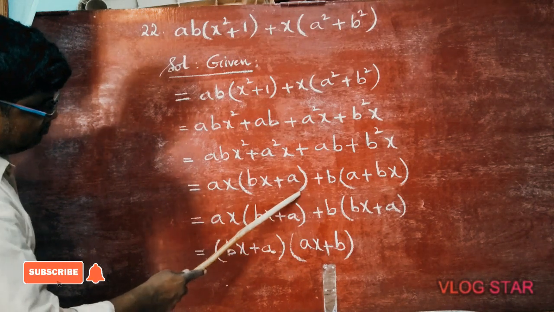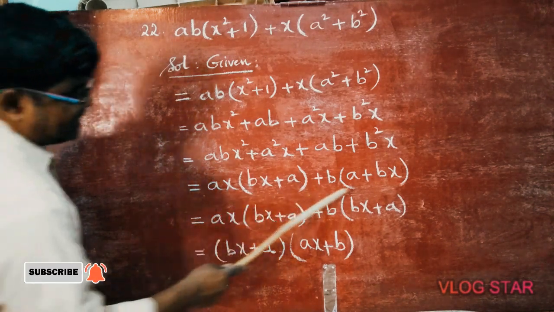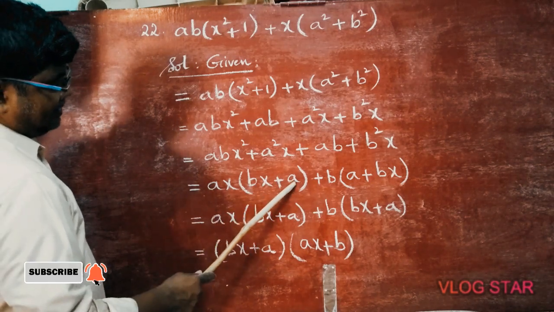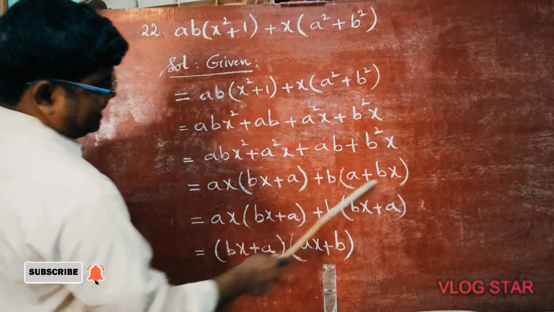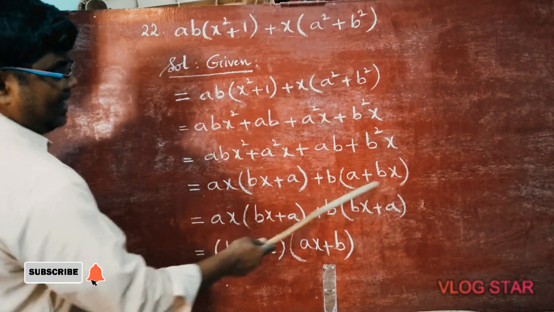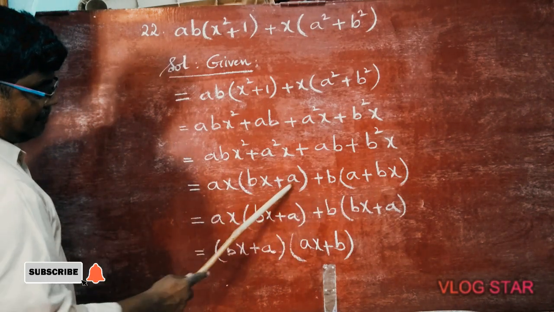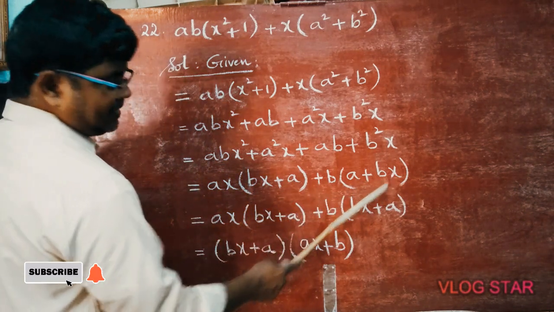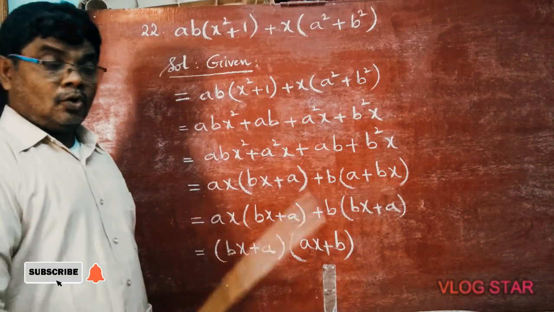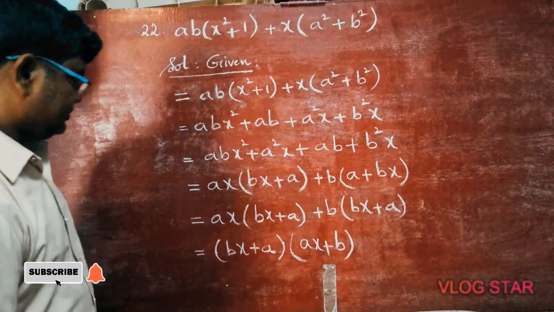I told you, what comes in the first bracket as it is should come in the second bracket. bx plus a, ax plus b, are they equal? Yes, they are equal. Addition, anyway, we can write 1 plus 2 or 2 plus 1, the answer is 3. So for plus no problem, only for minus you have to be careful.